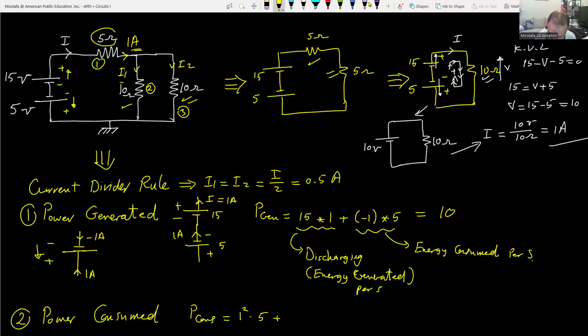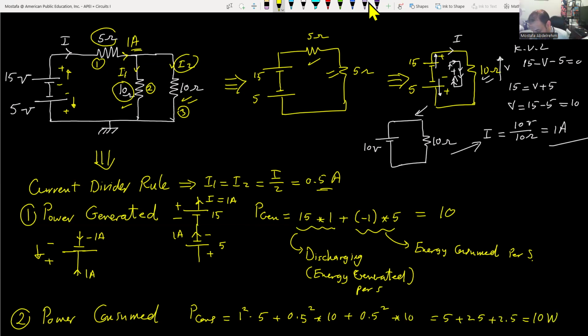This 10 ohm here has I1 is half, so I squared R, so half squared multiplied by 10, plus again, I2 is half, squared, multiplied by 10. So again, 5 plus 2.5 plus 2.5. Oh my goodness. Again, so 10 watts power generated, 10 watts power consumed. So again, the law of conservation of energy didn't fail us.